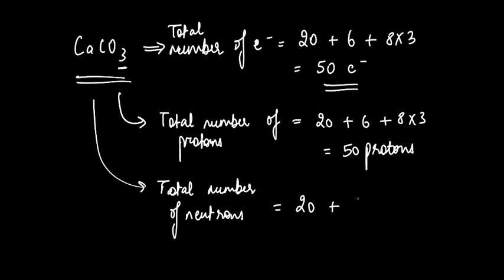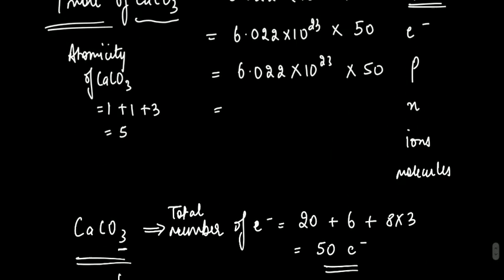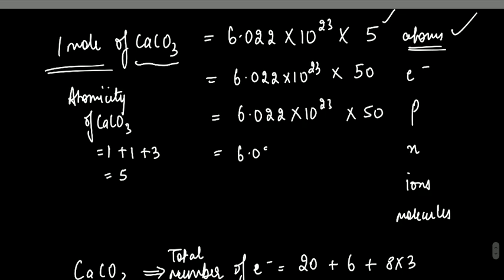So carbon atomic number 6, mass is 12, 12 minus 6, 6 neutrons again. Oxygen atomic number 8, mass is 16, 16 minus 8, 8 neutrons. So again, even the neutrons coincidentally are same, 50. So 6.022 into 10 to the power 23 into 50 neutrons.